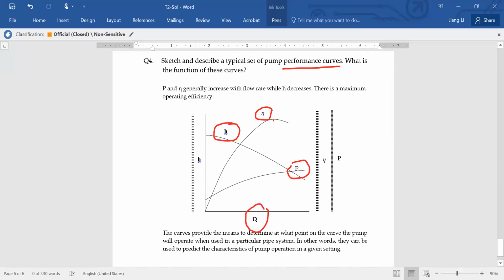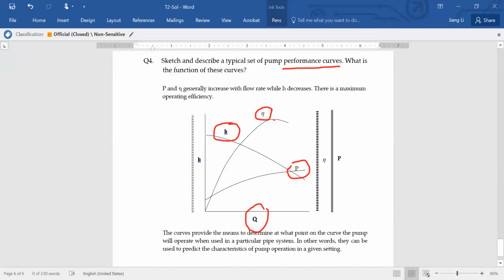Please take note, especially for the efficiency, you can see there is an optimal point where the efficiency is the highest. So it doesn't mean that the higher the volumetric flow rate, the higher the efficiency, okay? There is an optimal point for the operation.